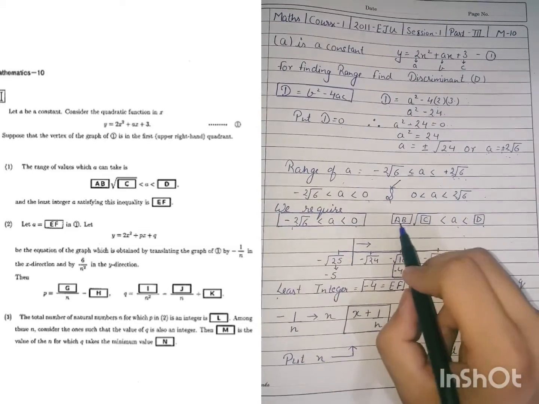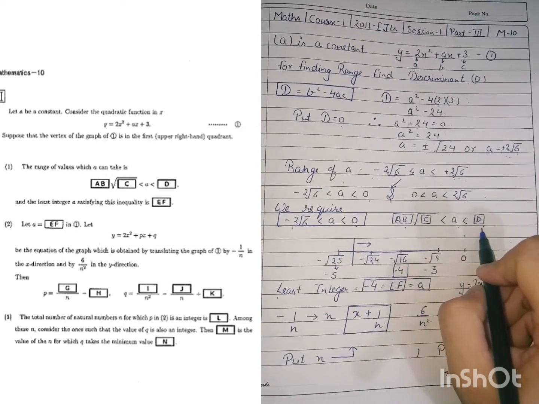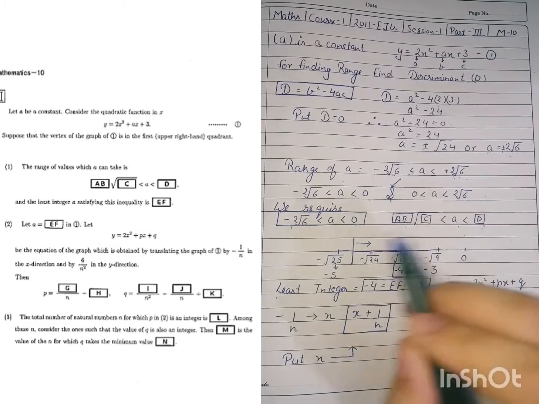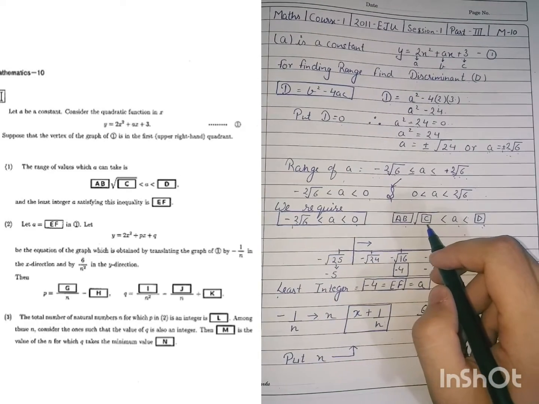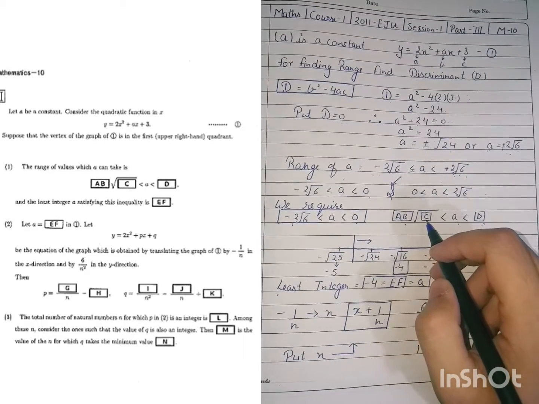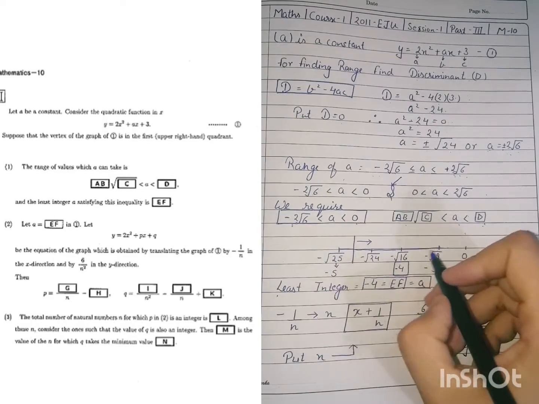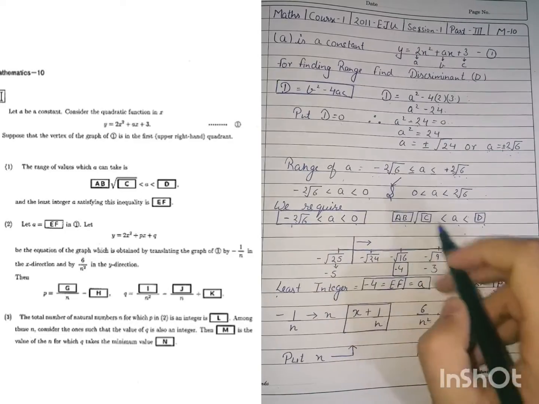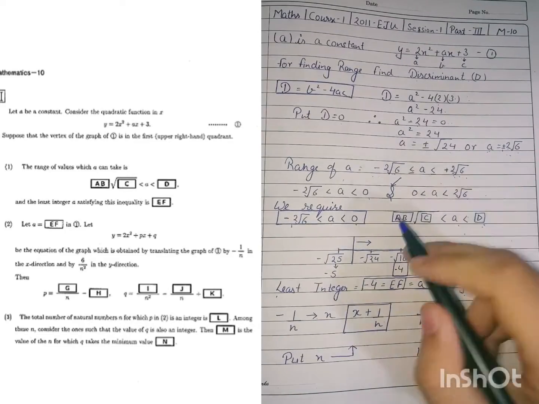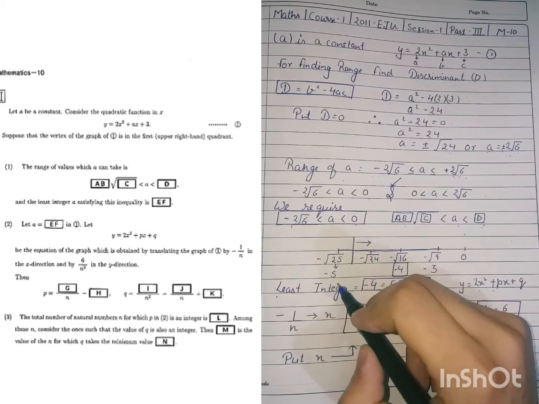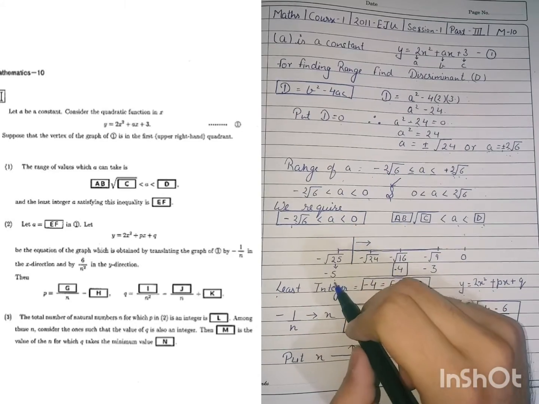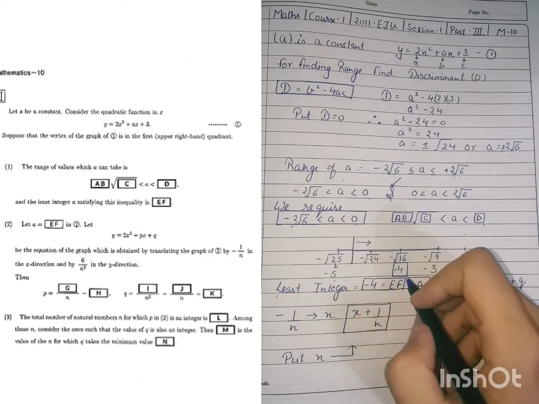So this is our A, B, C and D. Let's go to the next step: the least integer a satisfying this inequality. So we have to find the least integer in this range. Integers can be negative, positive or 0.